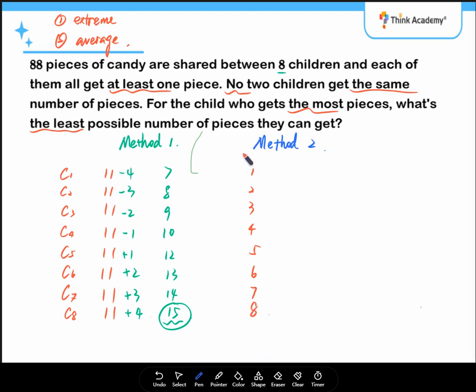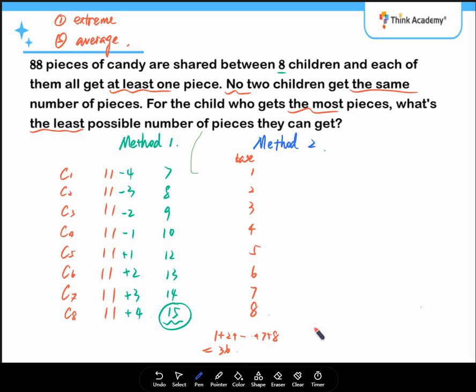We can regard this as the base number. At least they need to get those numbers. Adding 1, 2, 3 up to 7 and 8 equals 36. I just skipped the calculation part, but I know the answer is 36.